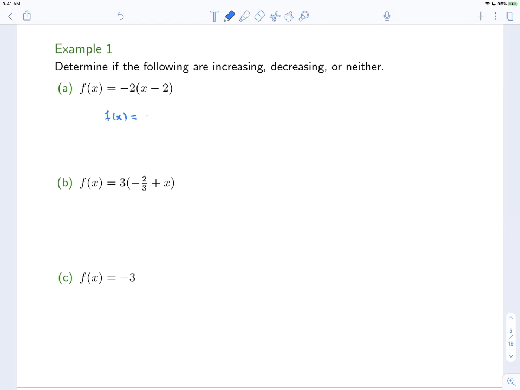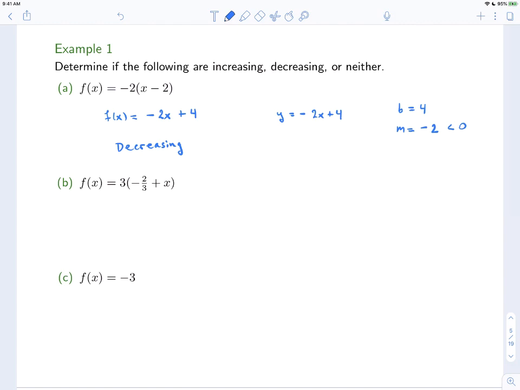Negative 2 times x is negative 2x, and then negative 2 times negative 2 is plus 4. So the equation for the line is y equals negative 2x plus 4. This is in slope-intercept form. And the intercept is 4, and the slope is negative 2. Since it's negative, it's less than 0, that means it's decreasing. So this function is decreasing.